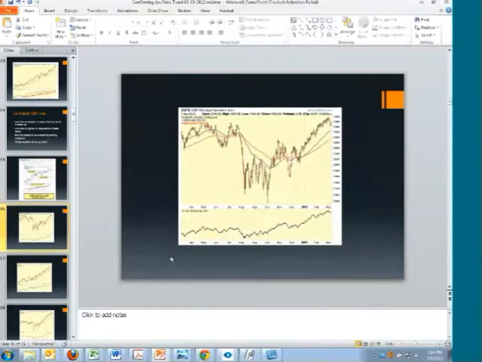And here's a daily price chart for the S&P 500 index, and here's the on-balance volume line. Now, this is really interesting because last summer, we had this large price decline in the S&P 500 index. Then it became really volatile.